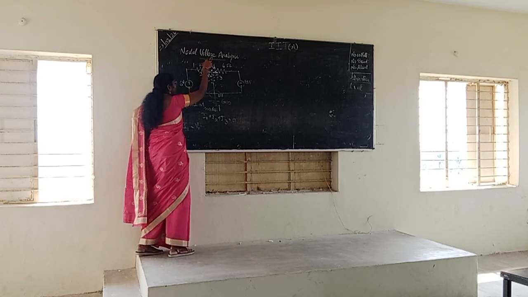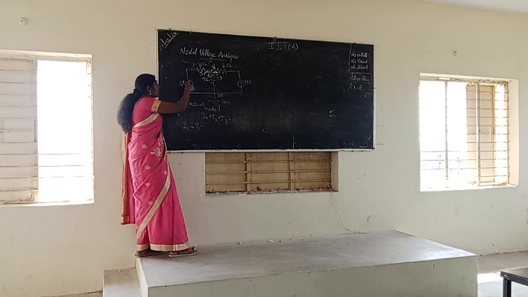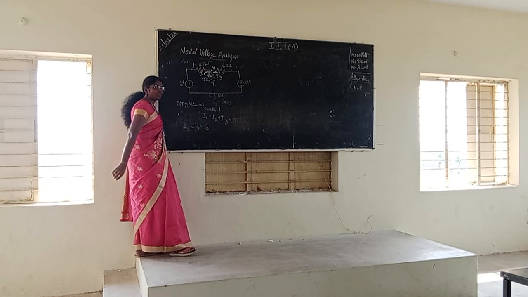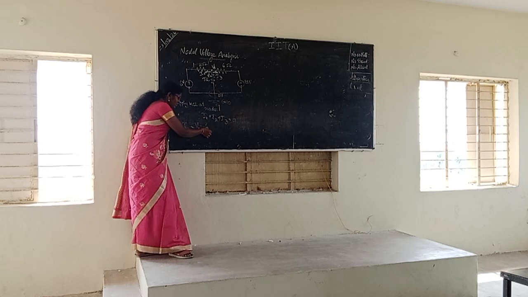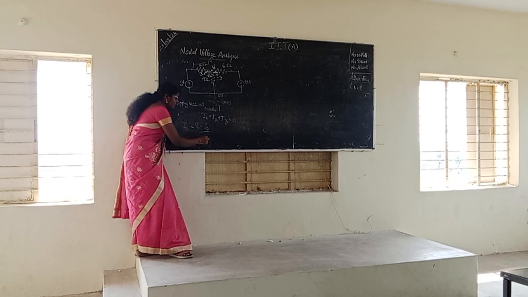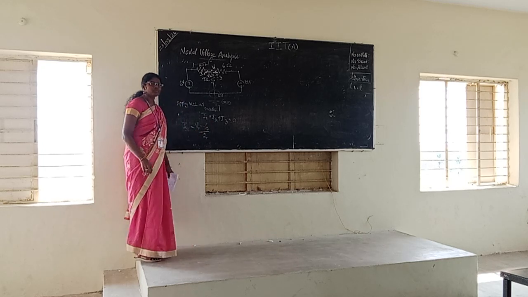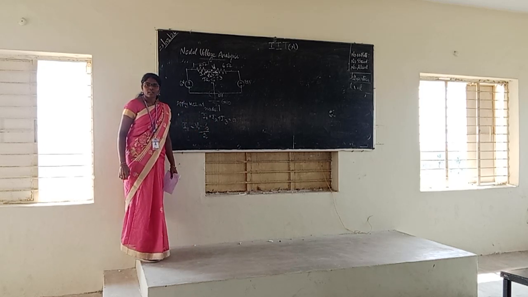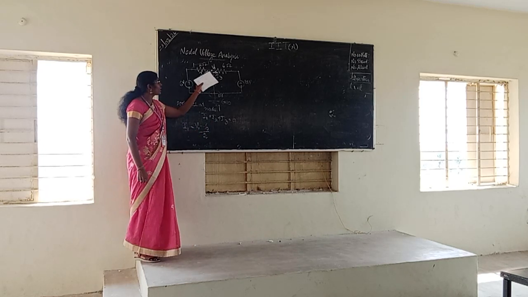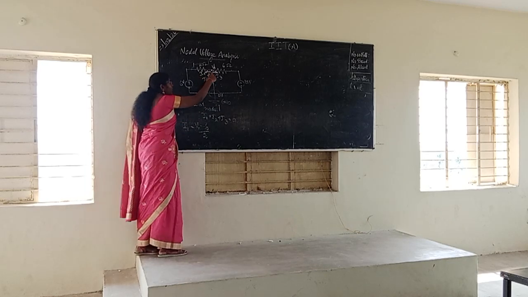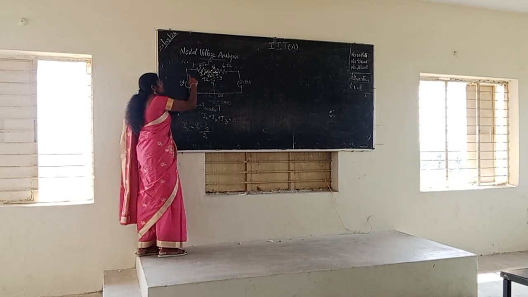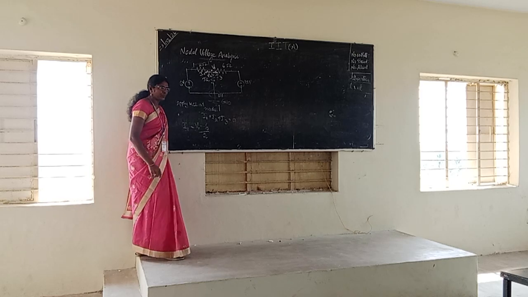We are measuring across this, so it is 6. V1 minus 6. The resistance across this line is R1, and the value of R1 is 2 ohm. This is the current I1. Can you understand? I1 is V1 minus 6 divided by 2.